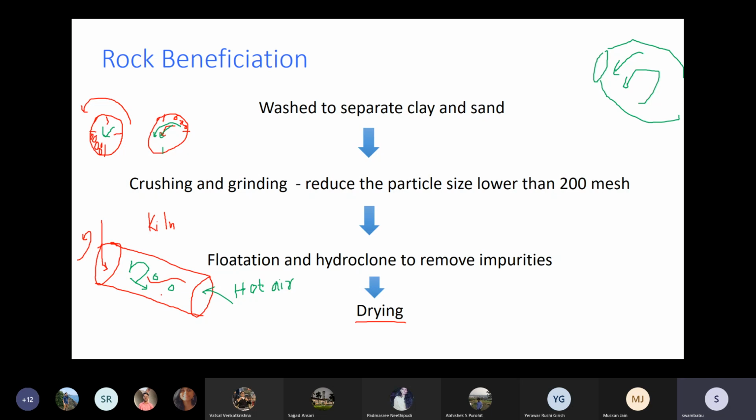This way, heat transfer between the wet particles and the hot air takes place, and whatever solvent is present in the wet particles is dried up using the typical drying phenomena. So this is the typical rotary dryer function, the rotary dryer or kiln.